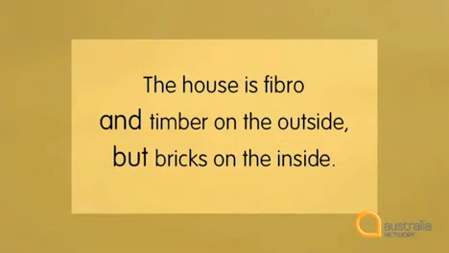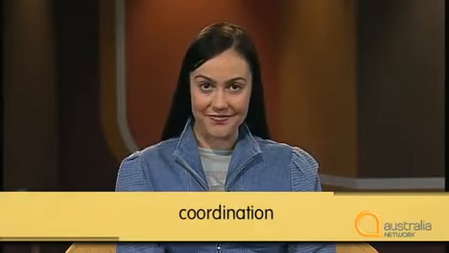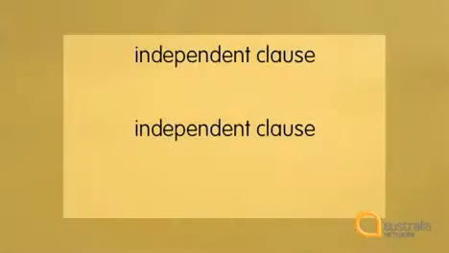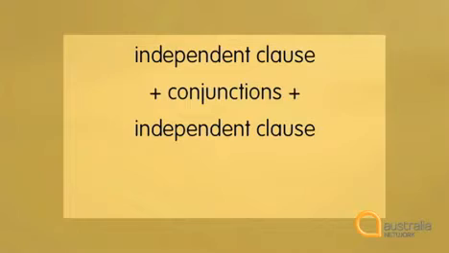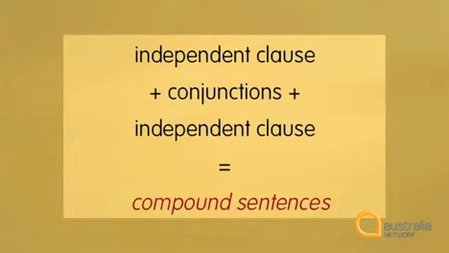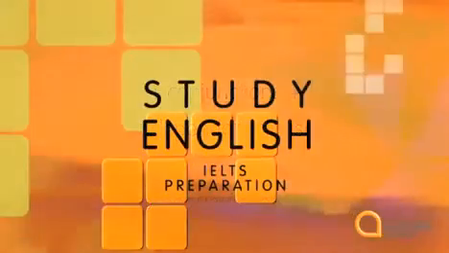So we could also say, the house is fibro and timber on the outside, but bricks on the inside. Okay, so that's an introduction to coordination. Remember, coordination is linking independent clauses with conjunctions. This forms compound sentences.